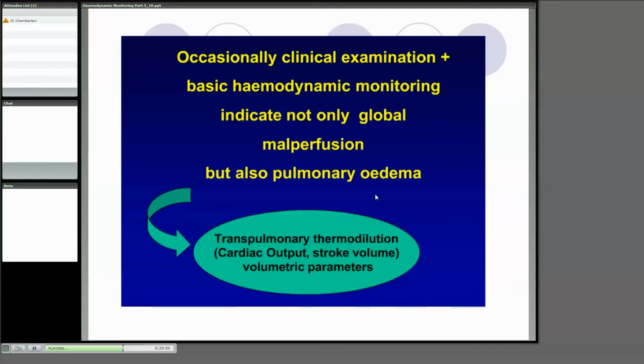Okay, so we're doing all that, and we've gone right through it, but we also suspect our patient is so sick that they have pulmonary edema with their lack of perfusion. What types of patients do you think would have pulmonary edema with their shock state?